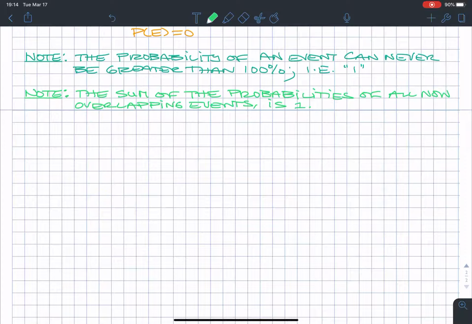So for example, the probability of getting an even plus the probability of getting an odd, well, each is 50% and their sum is always 1.